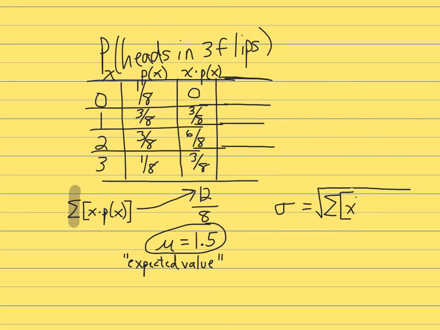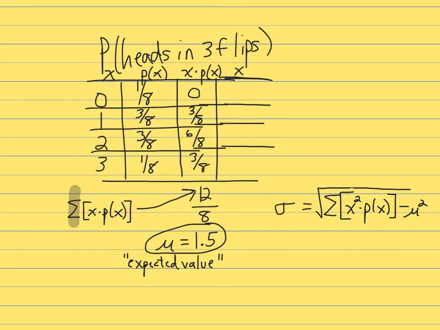This time we're going to square the random variable, we're going to multiply by p of x, we're going to do all that first. And what are we subtracting? Brandon? Yes, mu squared. Okay? Well, it would be nice if we had a column, since we have a table already.